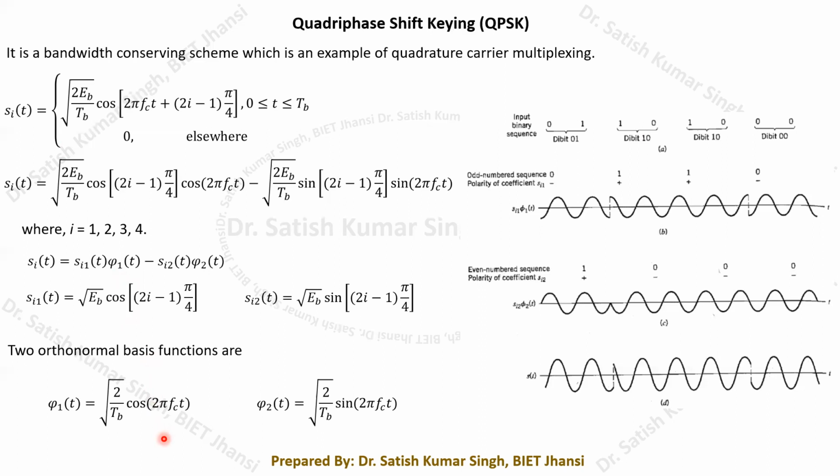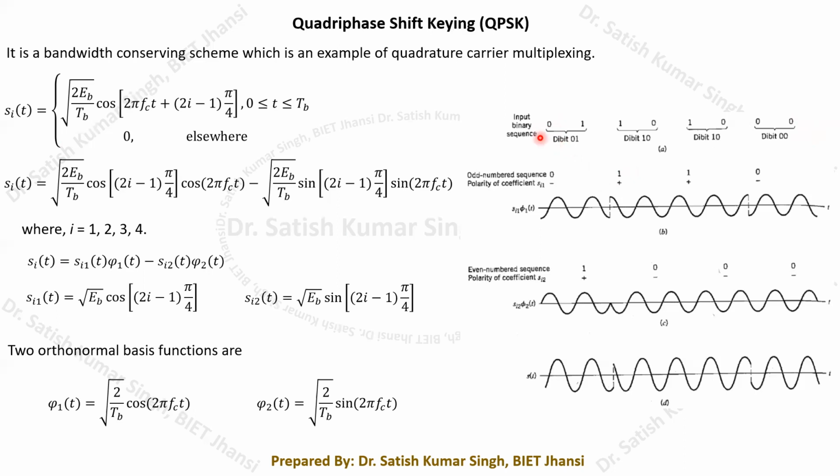First we take the odd numbered bits. If we have this sequence, this is the first bit, this is the second bit, third, fourth, fifth, sixth, seventh and eighth bit. So these are all odd numbered bits.